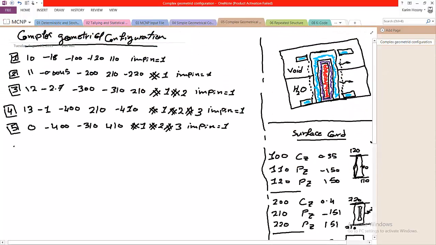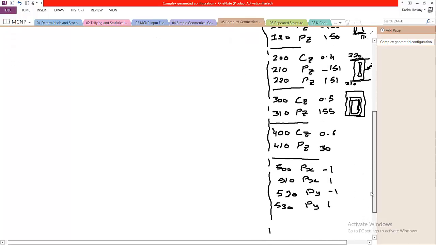The cell card will be, let's give it the number 6, and let's give it the same material of the clad, negative 2.7. It will be 500, negative 510, positive 520, negative 530, according to the planes used.